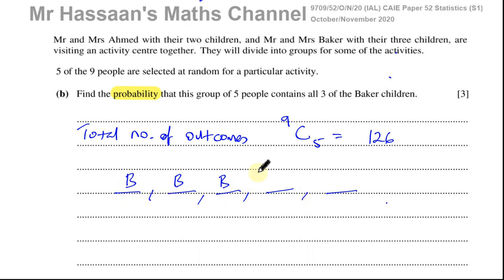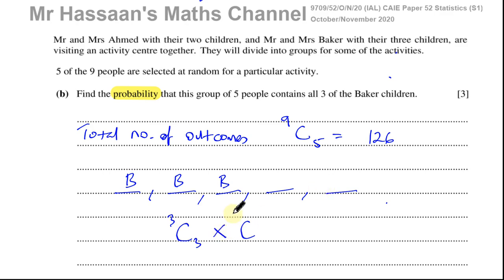It's not arrangement, so we're not going to deal with permutations. We're dealing with just combinations here. So for this part, we have to choose out of the 3 Baker children, 3 of them. That's just going to be one way of doing that, because it's all 3 of them. And then we've got now to choose the remaining people out of the 9 people.